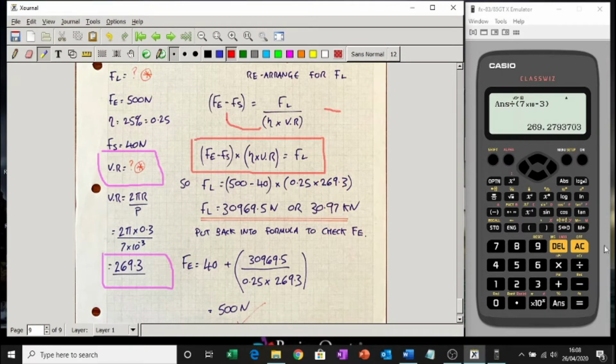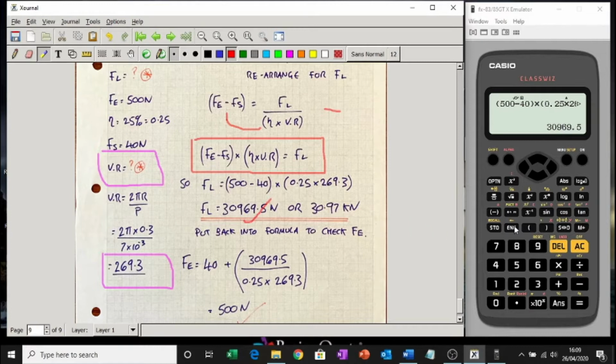So put that in your calculator, keep your brackets in the right place. 500 take away 40, don't really need a calculator for that, times by the efficiency, which is 0.25, 25%, so 0.25 times by 269.3. Close the brackets. 30,969.5 newtons, that's correct.